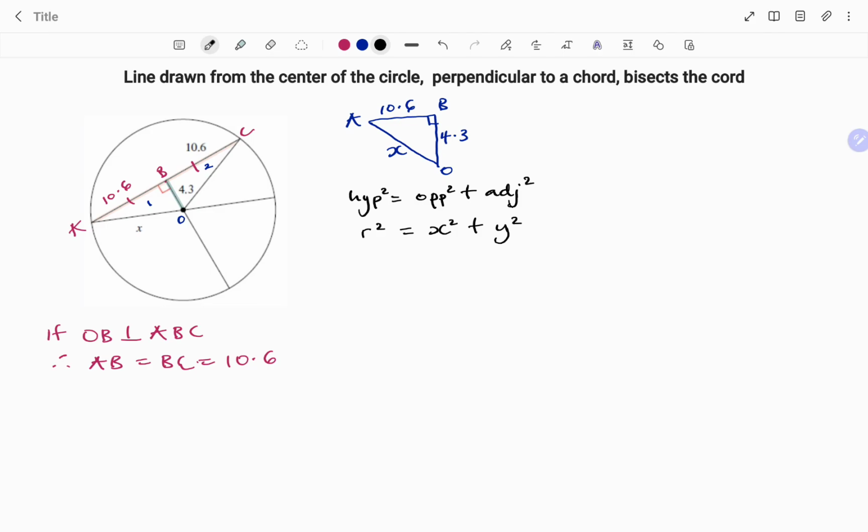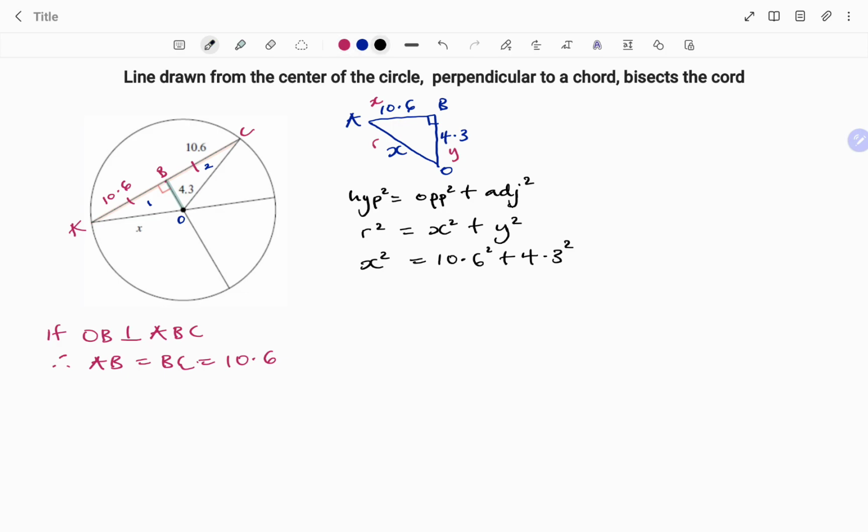In this example, my hypotenuse is my x, so I have x squared equals 10.6 all squared plus 4.3 all squared. I'm going to tag my triangle. This is my r, this is my y, and this is my x.